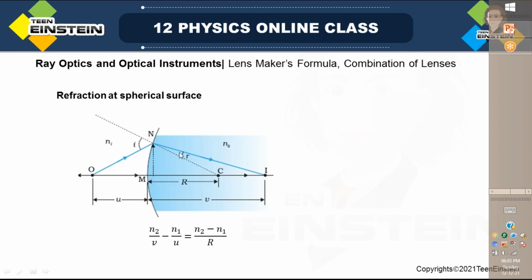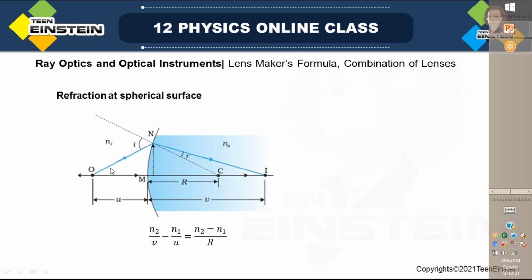Let me just recapitulate what is happening over here. So this is refraction at spherical surface. Suppose you have two transparent mediums having refractive indices n1 and n2, and the interface between them is spherical.